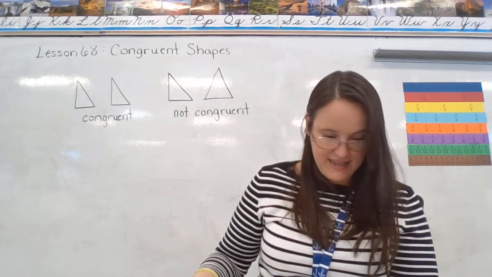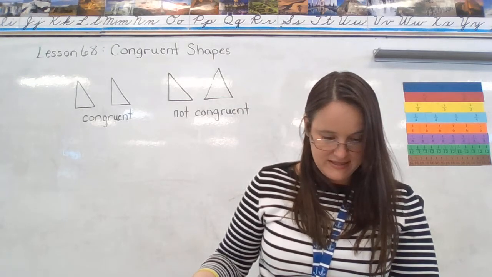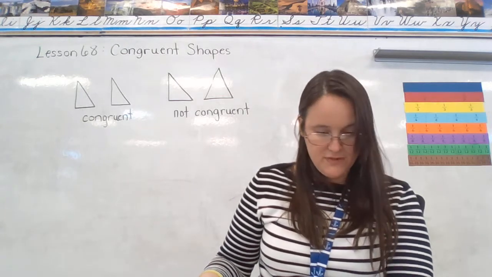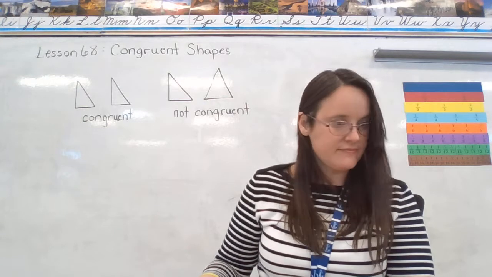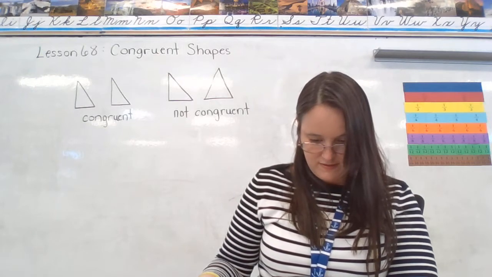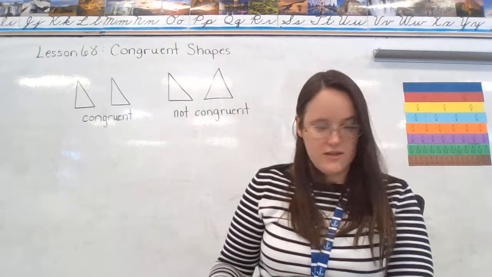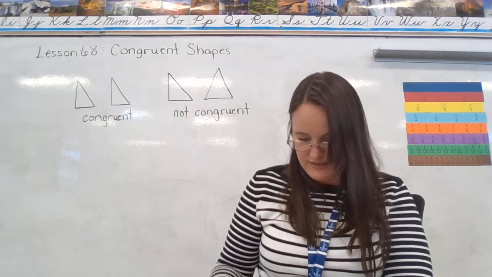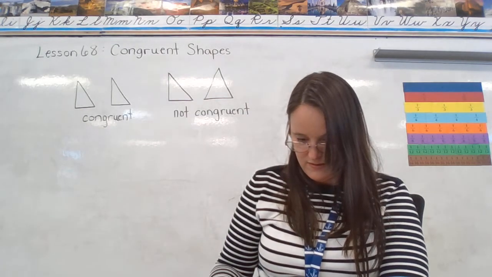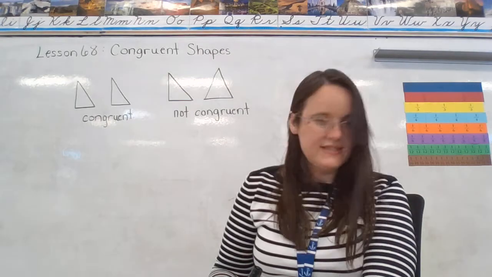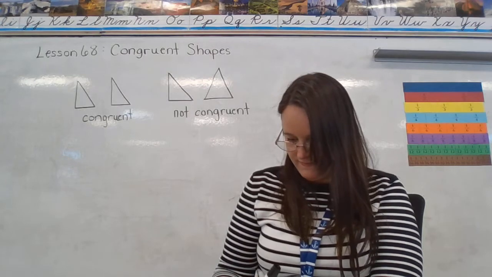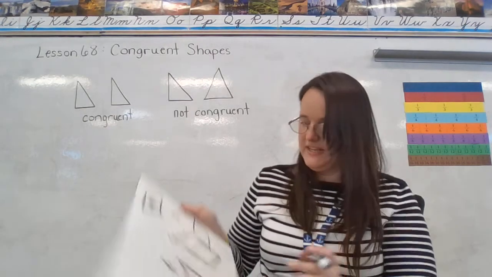So choice A looks like this. Choice B, choice C, and choice D.